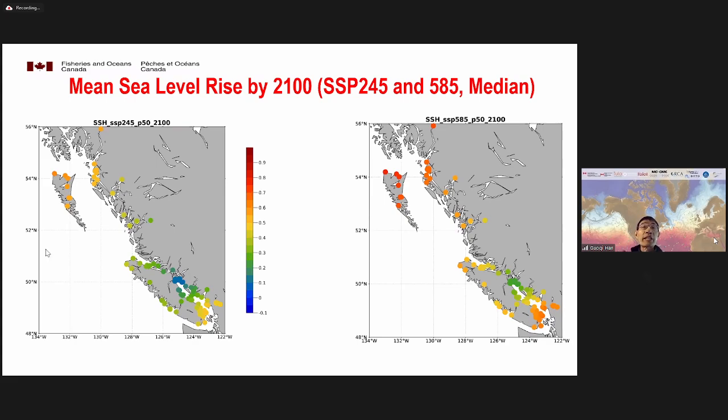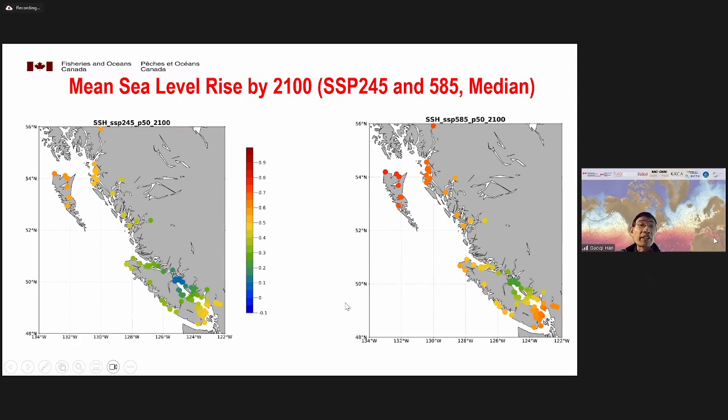Here you are looking at the mean sea level rise by the end of this century, for two scenarios. The first one is a median emission scenario, shared socioeconomic pathway 245, and the other one is a high emission scenario.